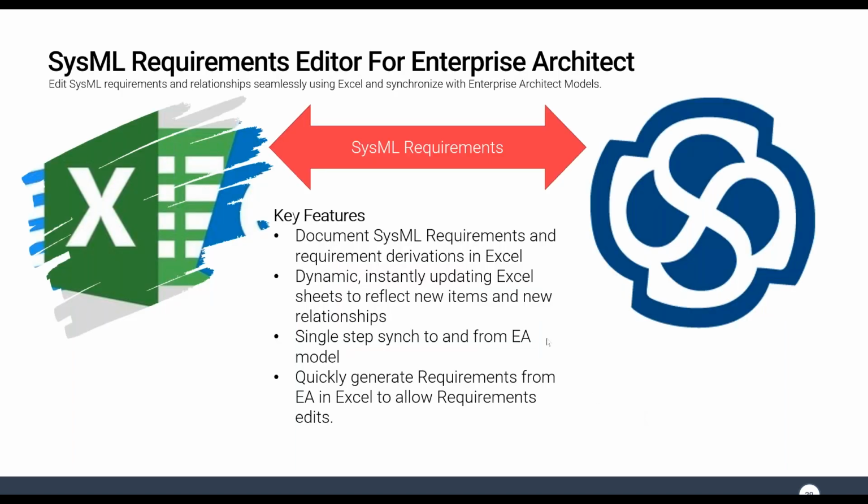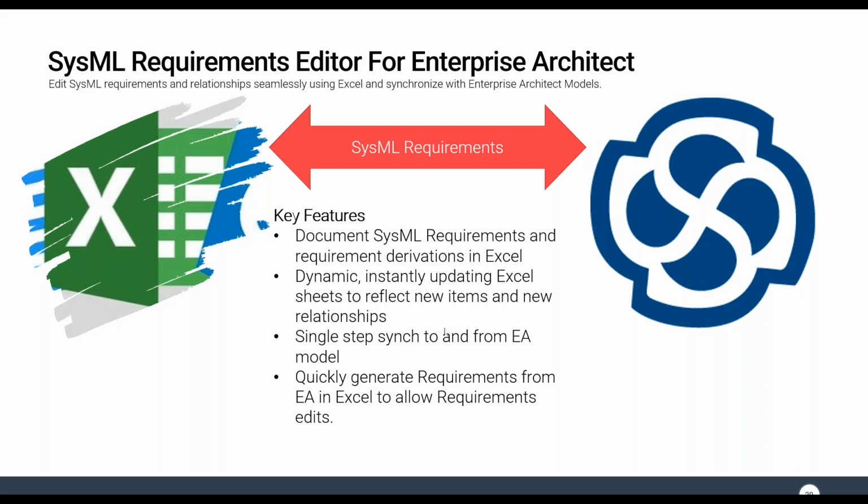The key feature of this is, unlike the previous Excel importer, which was generic, where you could just do whatever you prefer, this is very much specific to SysML. There is a predefined template for the Excel in which you can capture requirements, and it will immediately allow you to model the relationships between them, and it will show you the derived requirements.